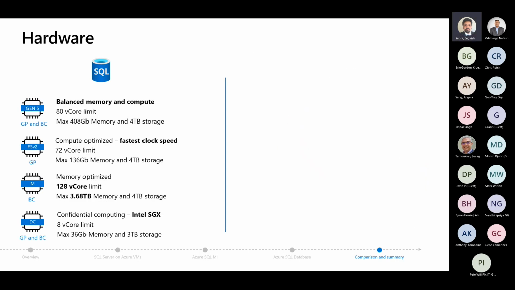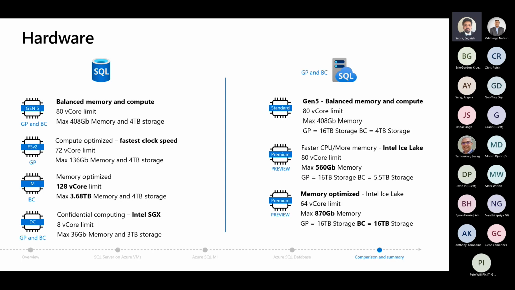Okay, now from a hardware perspective, there are multiple options when choosing the right virtual machine series for how SQL is supported. The default hardware generation usually is Gen 5 hardware, as you know, and Microsoft is constantly releasing and optimizing the virtual machine series for certain workloads.